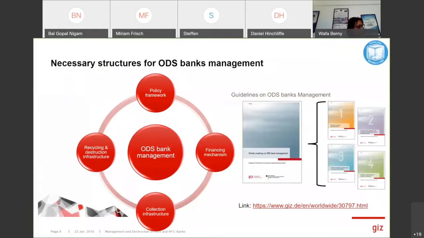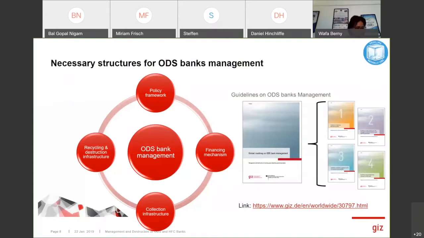Considering these barriers in our ODS Banks management project, we developed a roadmap on key aspects which have to be considered and addressed to ensure appropriate waste management of cooling devices, or ODS Banks management. Here is the link to these publications.